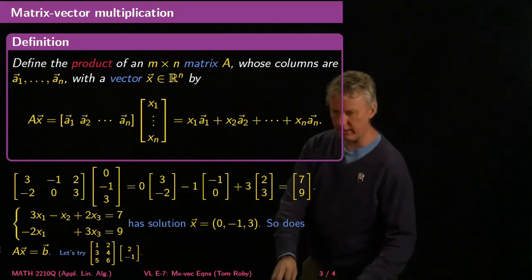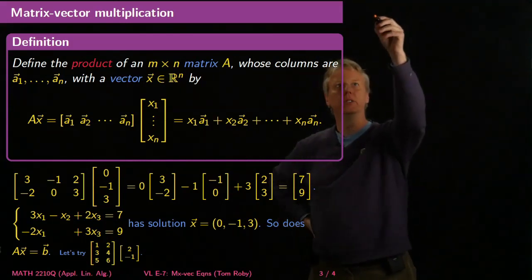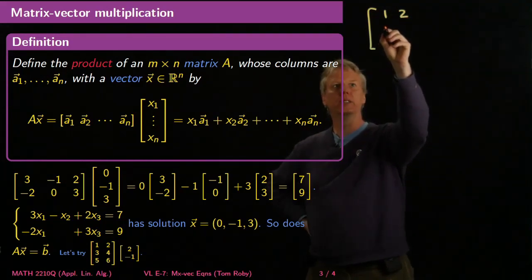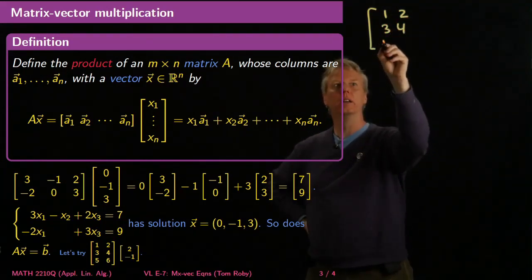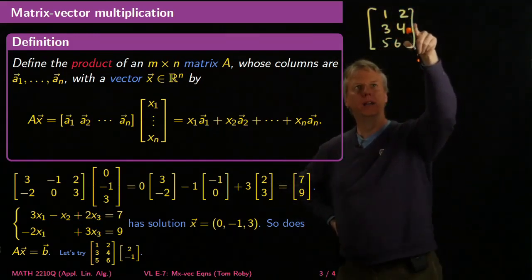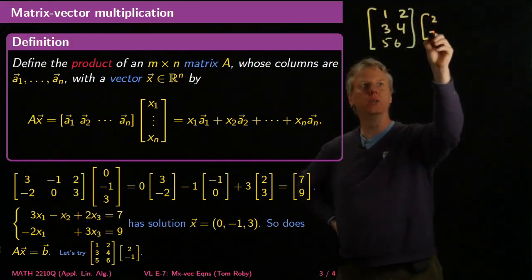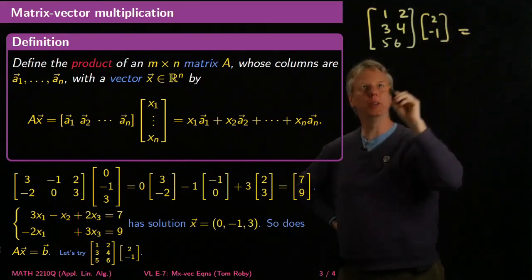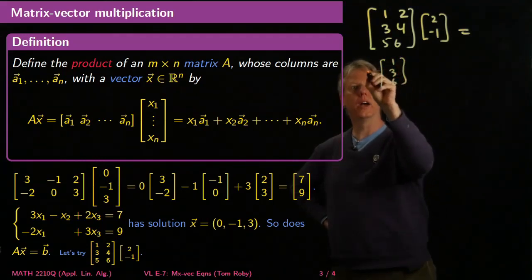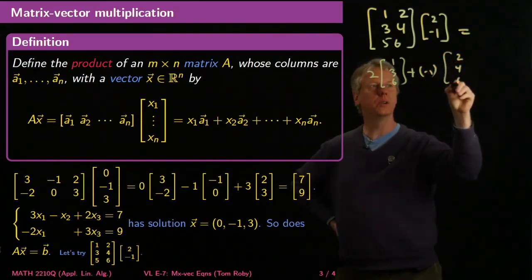Let's quickly do another example. I wrote it small before so that it would fit, but I'll write it bigger here. Suppose I have a simple 3 by 2 matrix with columns (1, 3, 6) and (2, 4, 6). Now I multiply it by, what do I have to multiply it by? It's going to have 2 columns, so I have to have a vector of length 2. Suppose I do that times (2, negative 1). What would this equal? It's exactly the column (1, 3, 6) times 2 plus negative 1 times (2, 4, 6).